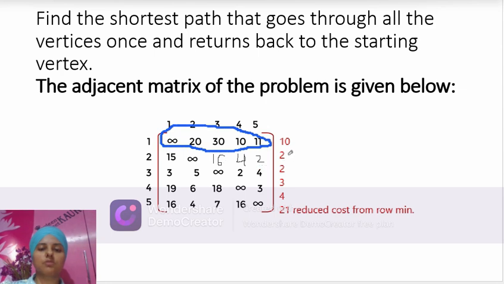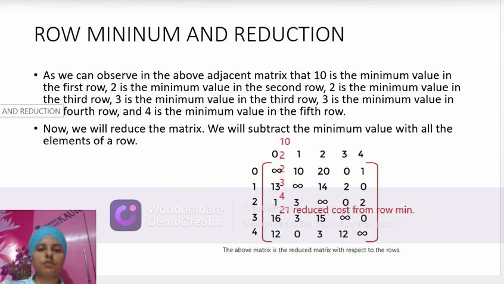Like this we will subtract 2 from the next row, and so on, till all the rows have had their corresponding minimum values subtracted, and then we will see what reduced matrix we get. So after finding the minimum values we get this reduced matrix when we subtract from each of the rows.